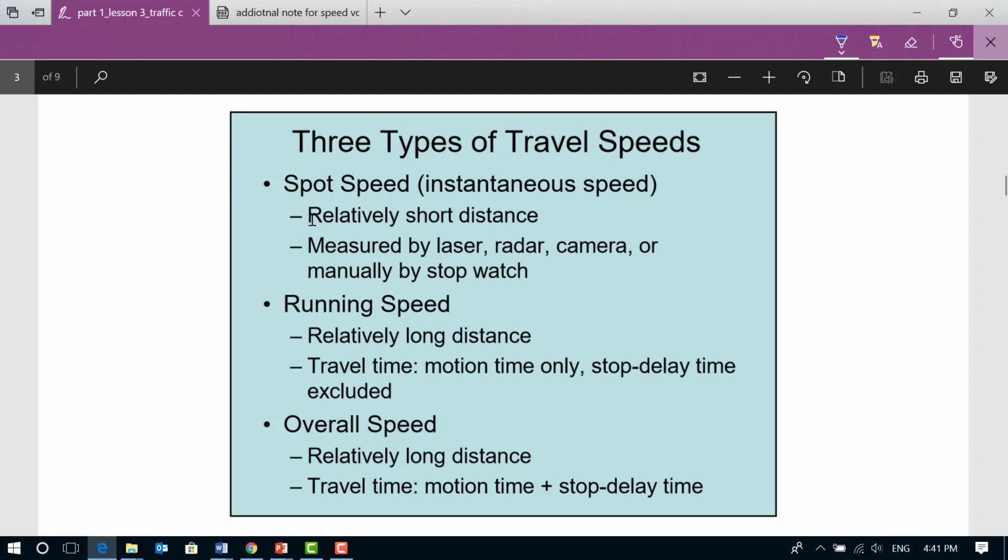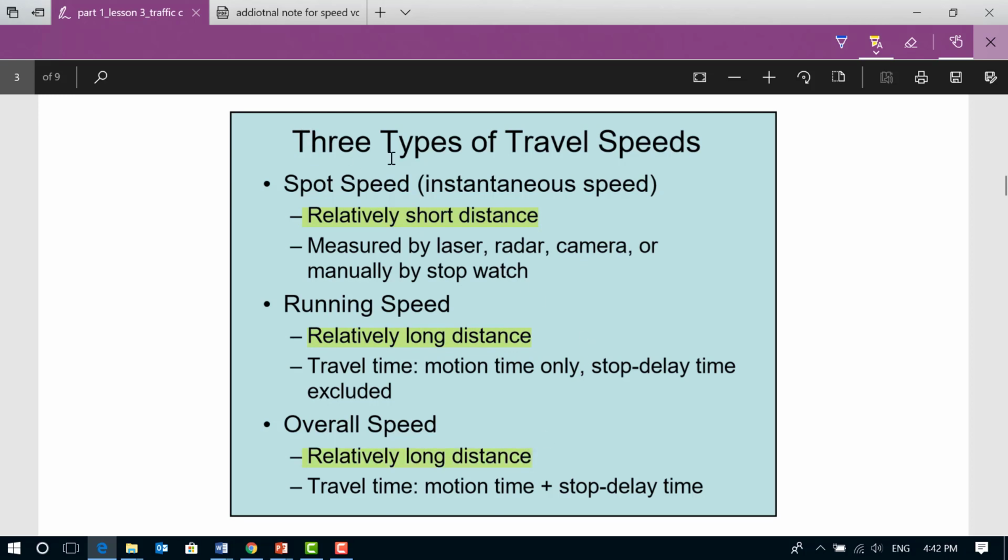If you look clearly, you can see the spot speed represents a relatively short distance, while the running speed and overall speed both cover a relatively long distance. That's their major difference.